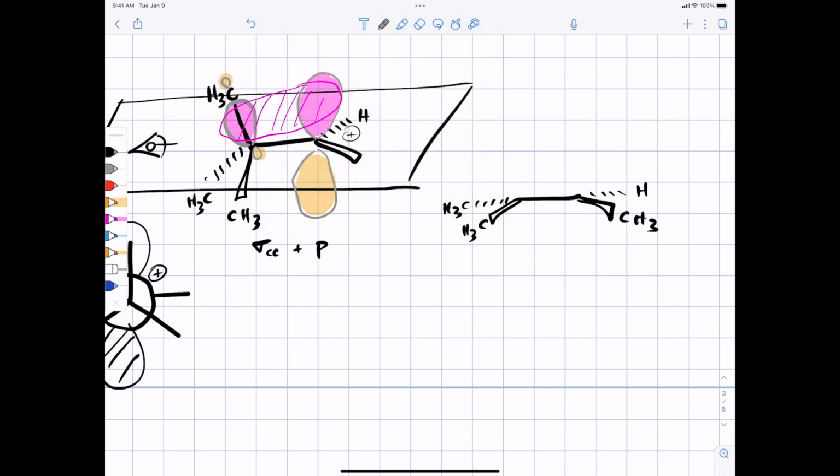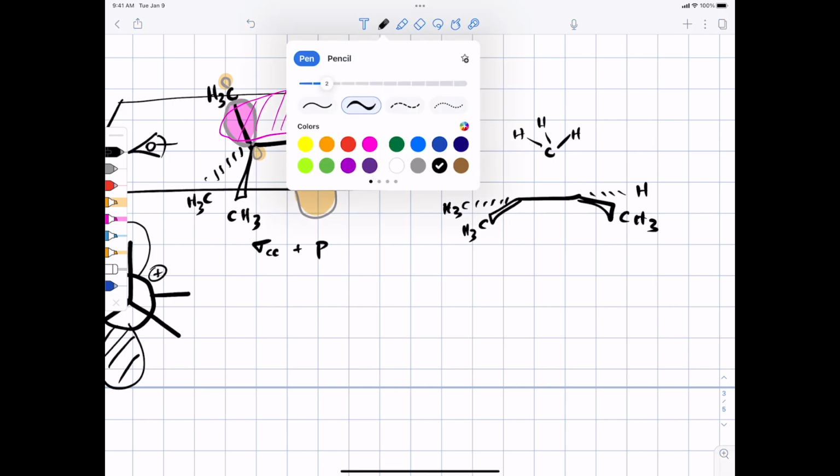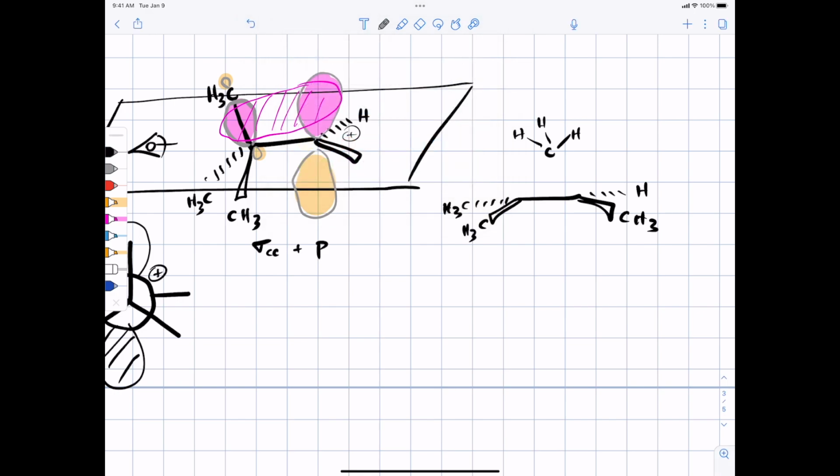You would basically have a methyl group here in between the two carbons, and the electrons from that original carbon sigma bond are now going to be in an orbital that looks like a pi bond.